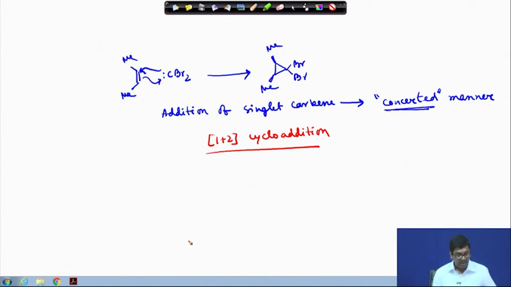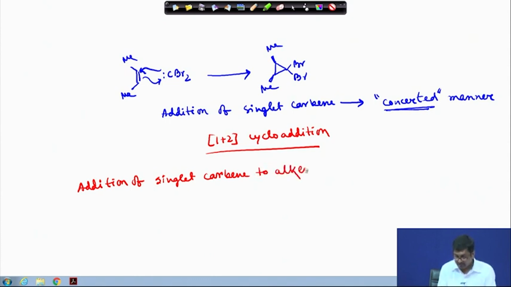Okay. So, next we can say that the addition of singlet carbene to alkene is a stereospecific reaction. Okay.